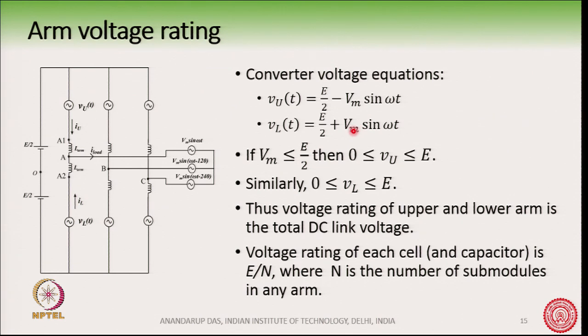Therefore, the voltage that needs to be produced by the upper and the lower arm is equal to the total DC link voltage.